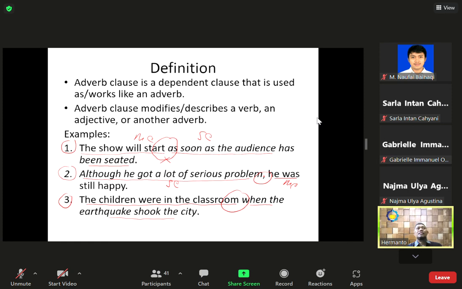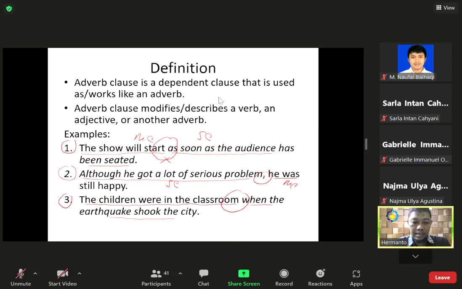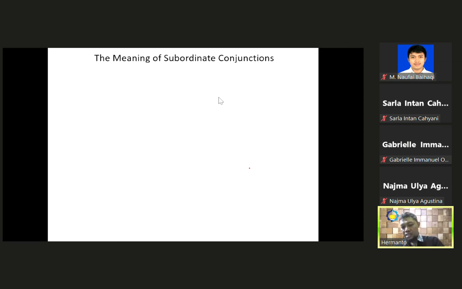That is the order of the clauses in a sentence containing an adverb clause. When the main clause begins the sentence, then the adverb clause, no comma is required. But when the sentence starts with the adverb clause, then the main clause, between the clauses there is a comma. Okay, that's about the punctuation.